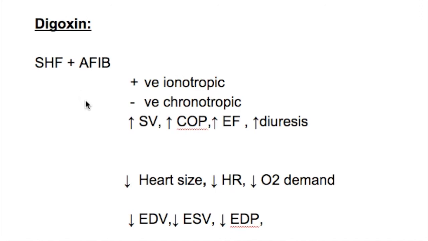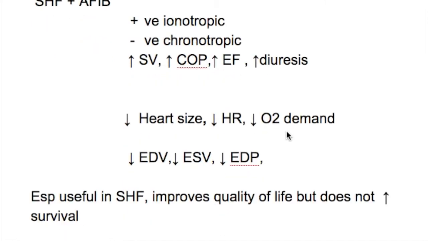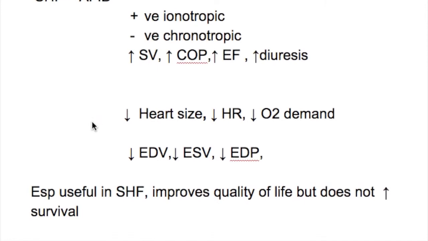Digoxin increases the force of contraction, increases stroke volume, increases cardiac output, increases ejection fraction, and it increases the diuresis. What parameters does the digoxin decrease? It decreases heart size, it decreases heart rate, decreases the oxygen demand and consumption by the heart because it reduces the heart size, decreases the end diastolic volume, end systolic volume, and end diastolic pressure.